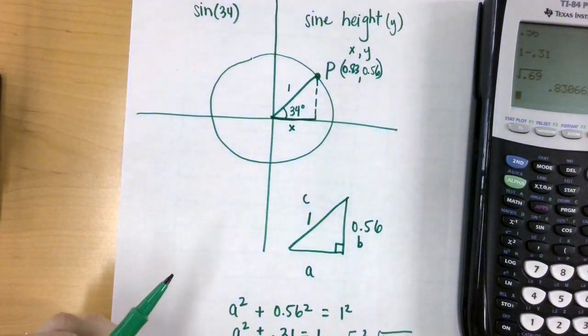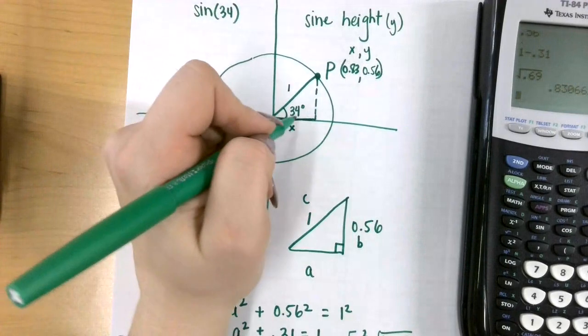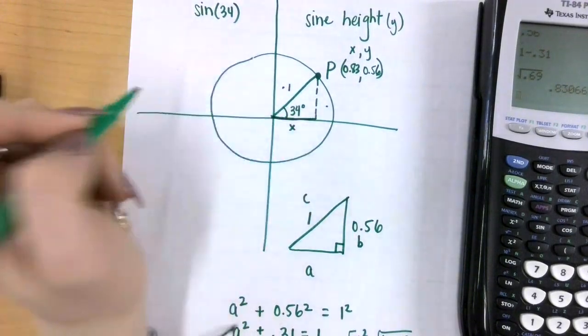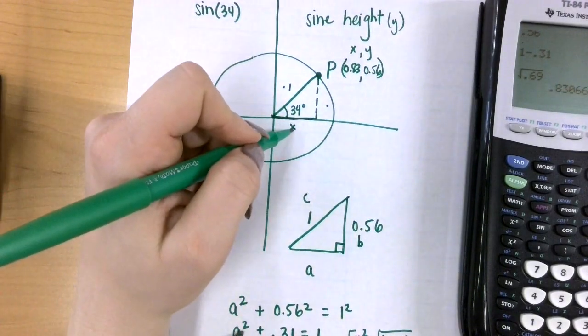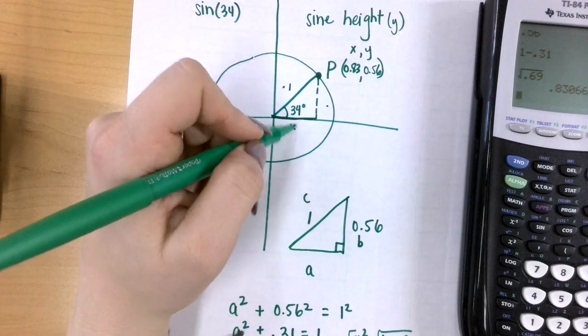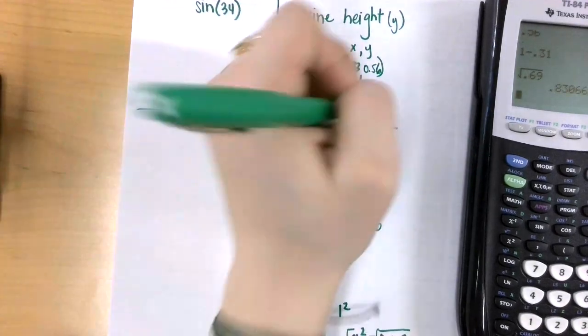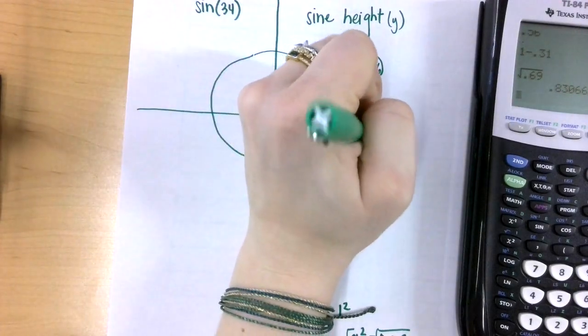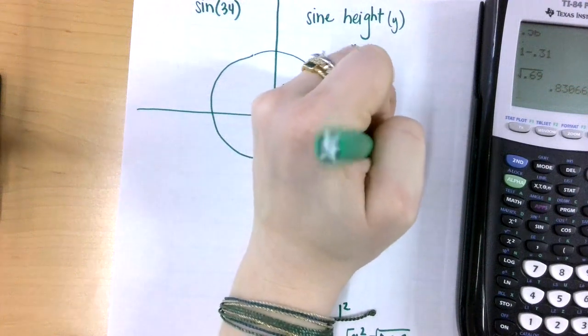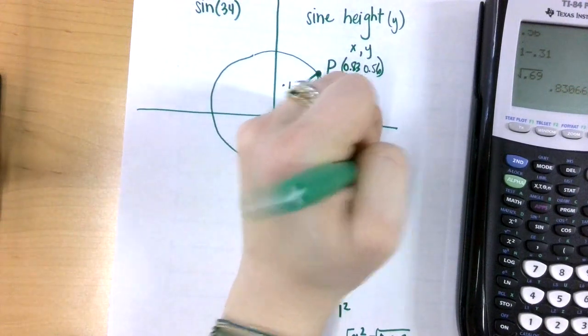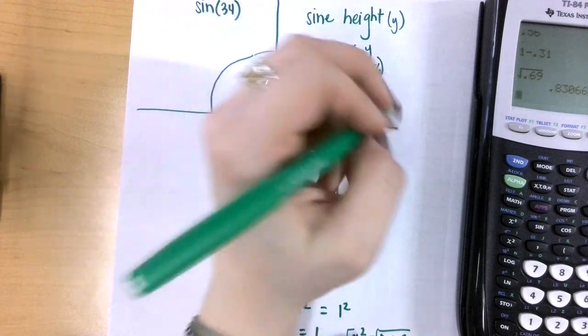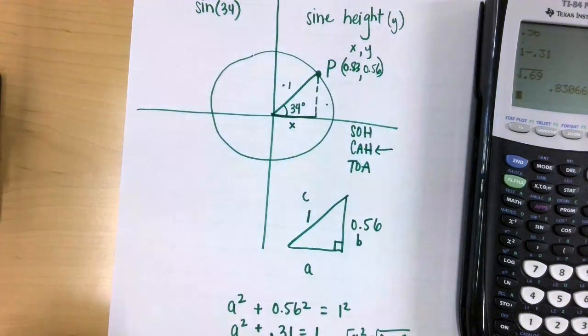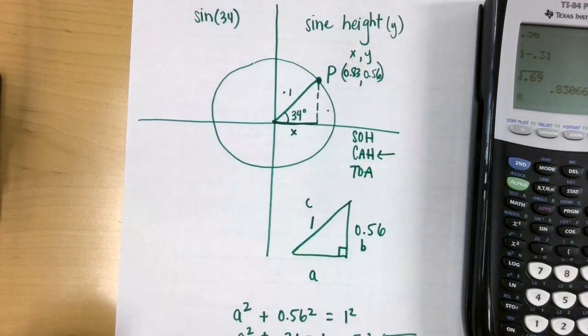Okay. Now remember, with sine, we used the opposite and the hypotenuse. This time for x, we needed the adjacent and the hypotenuse. So which of our trig functions uses adjacent and hypotenuse? Cosine. All right.